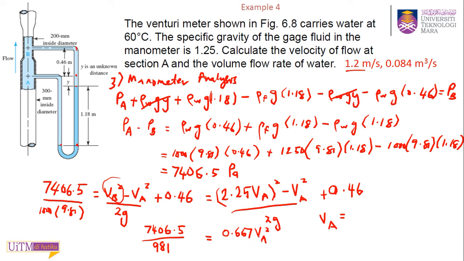Sir, yang bawah tu 9810 jadi 9000. Oh salah sini. Oh, okay. So what's the answer now? Betul lah dapat VA tu 1.2. Tadi ke dapat 1.2 tu? 9180 bahagi 0.67.